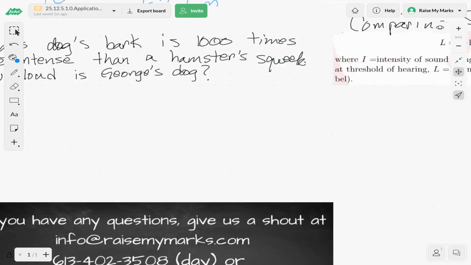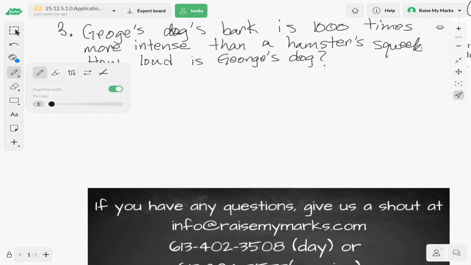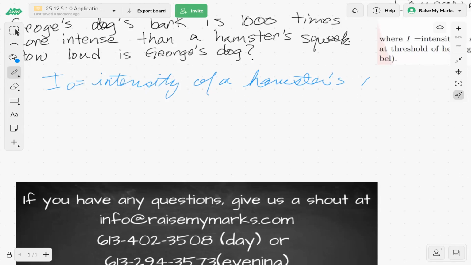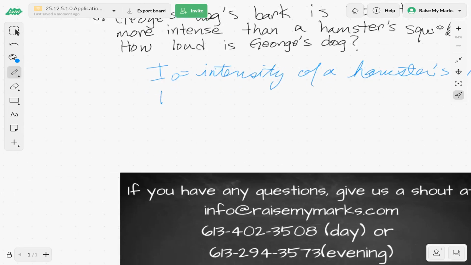Okay, so let I0 equal the intensity of a hamster's squeak, and I equal the intensity of the dog's bark.